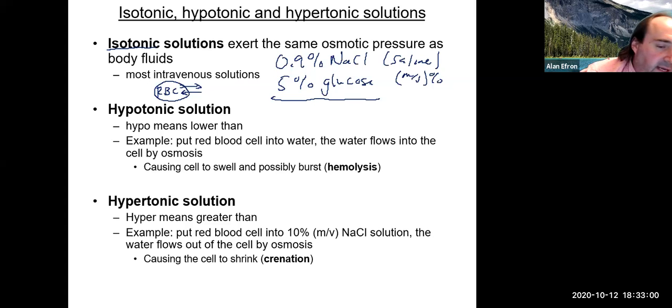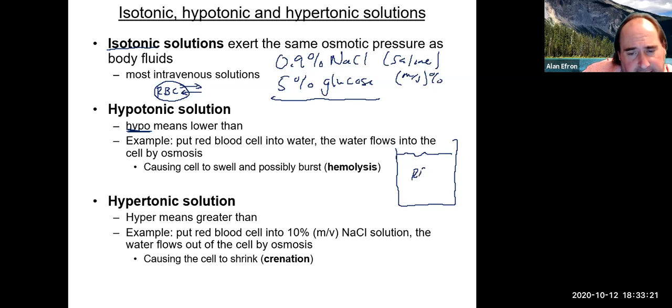But now if you take a hypotonic solution, hypo means less than, so it would have less osmotic pressure outside the cell than inside the cell. If we took that same red blood cell and put it in a hypotonic solution, again, outside is less concentrated than inside.